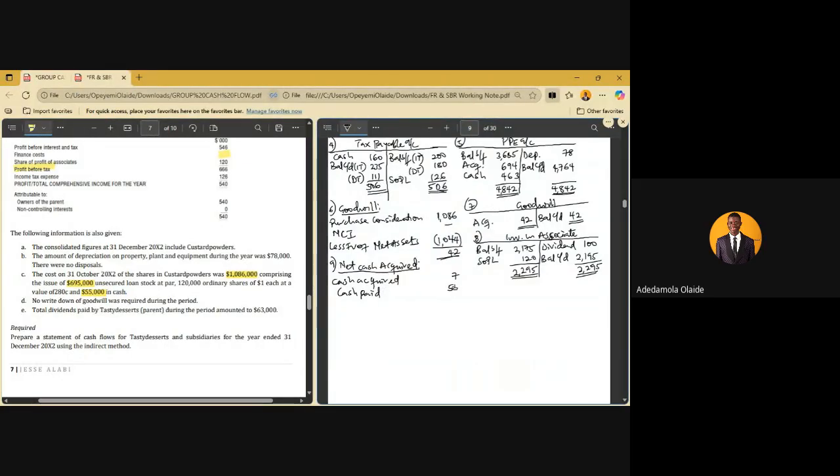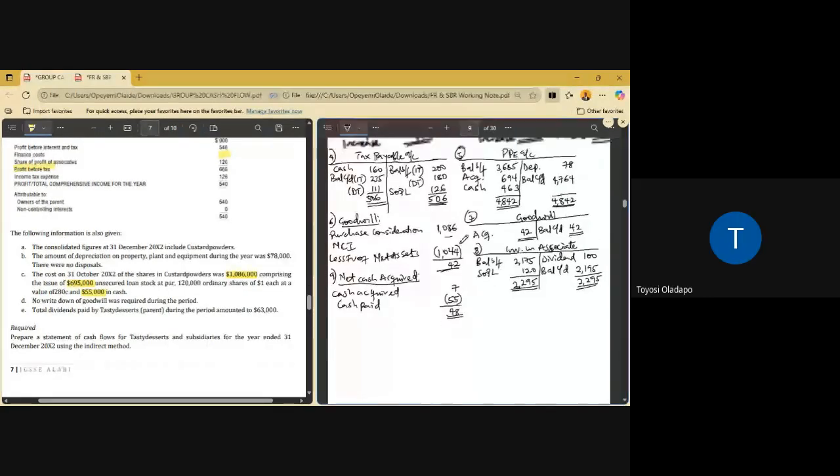So if the cash we paid to acquire is 55,000 and we acquired only 7,000 cash, the net cash will be 48.